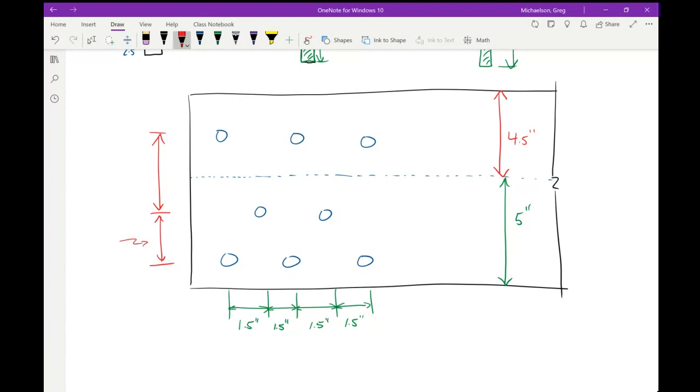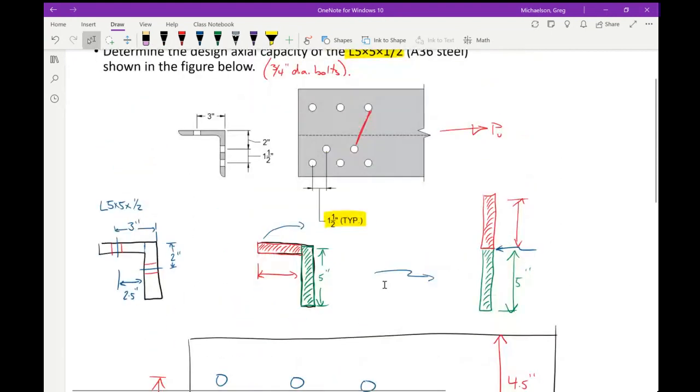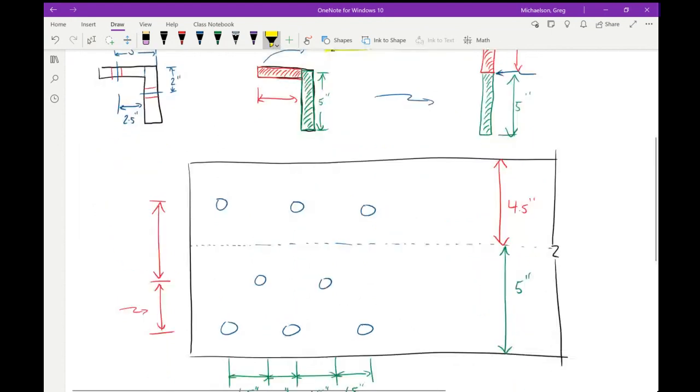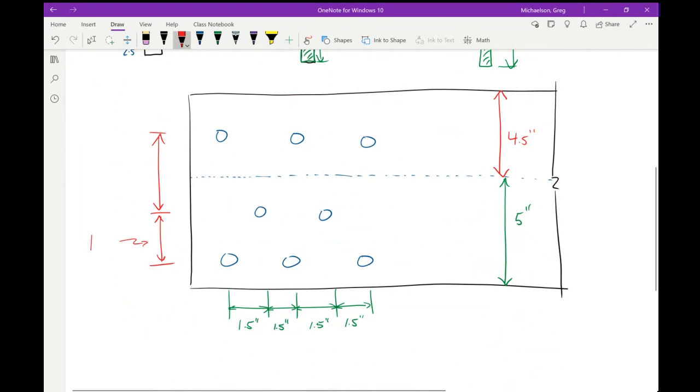Now this one we know. We can get that from the schematic up here. The distance between those two bolt holes is 1.5 inches, so that makes this 1.5 inches, right? That's easy. So the others we have to figure out is this central one right there. Everybody with me so far?